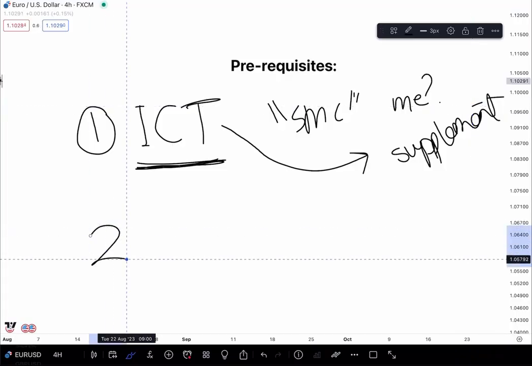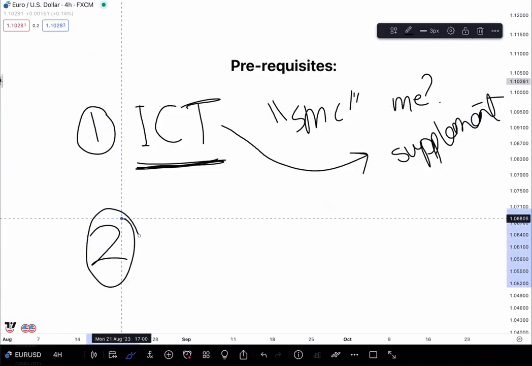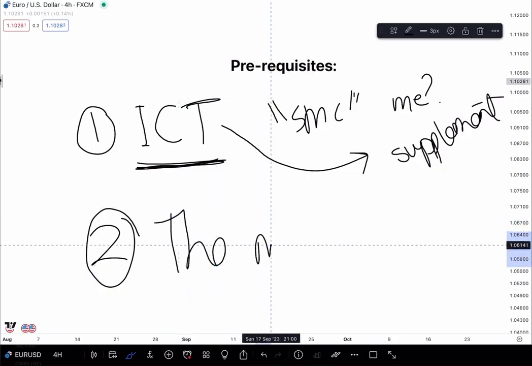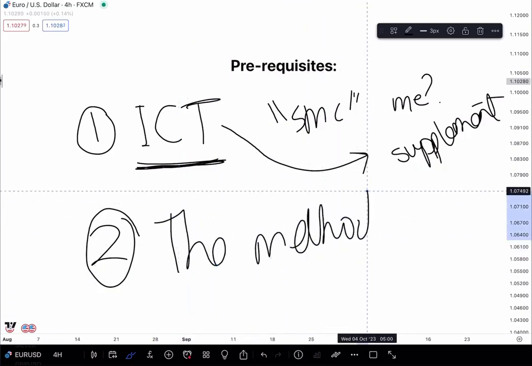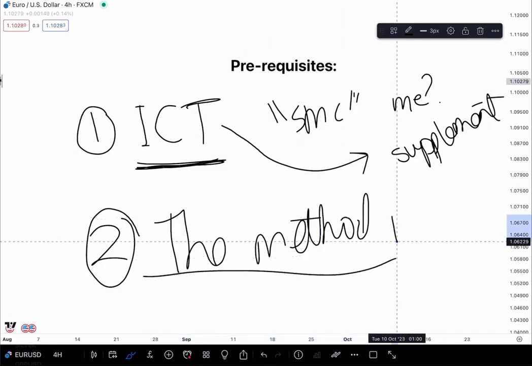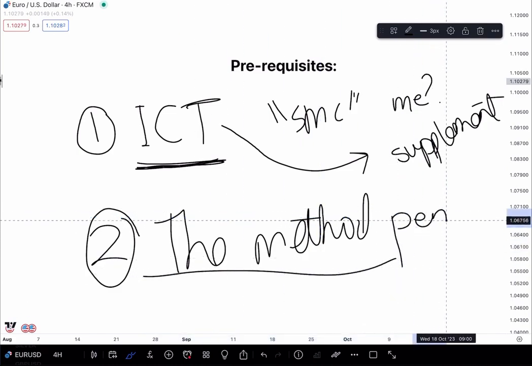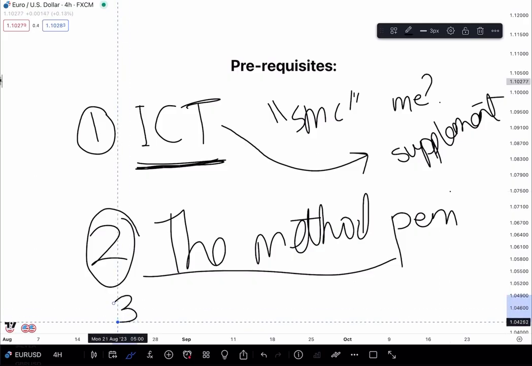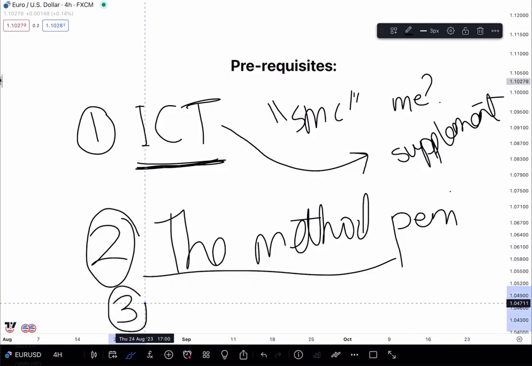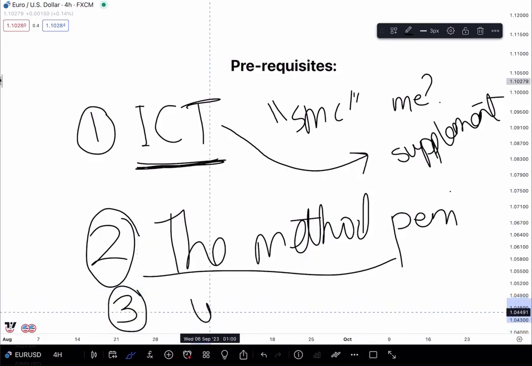Number 2, preferably you have taken the method, which is level 1, details with secretary in the pinned messages of the Telegram account, which exists at the moment of this recording. And third of all, you must have the will to learn.